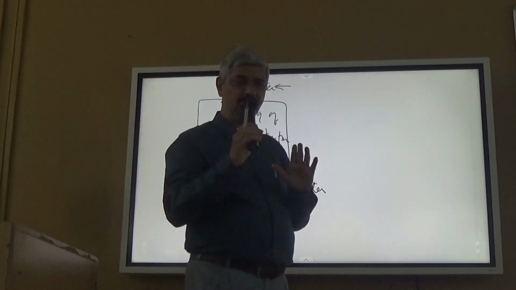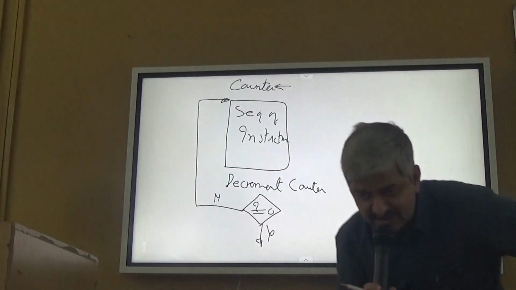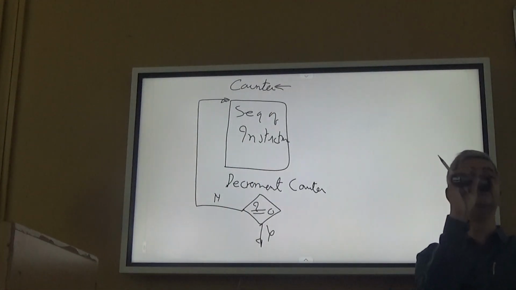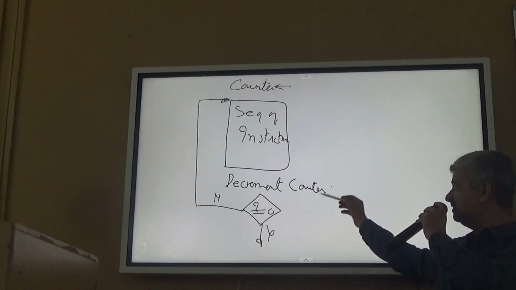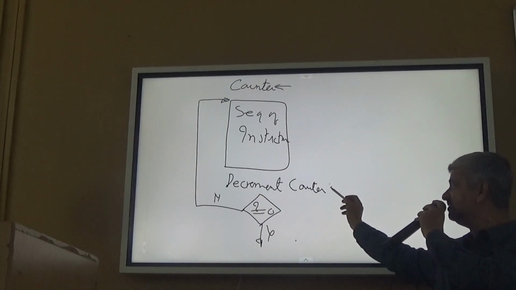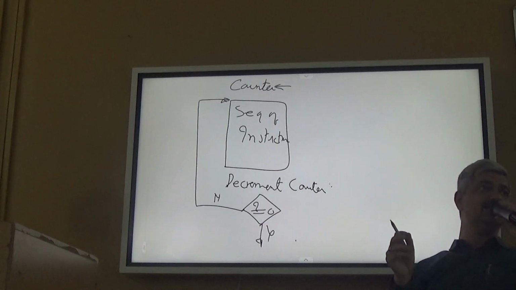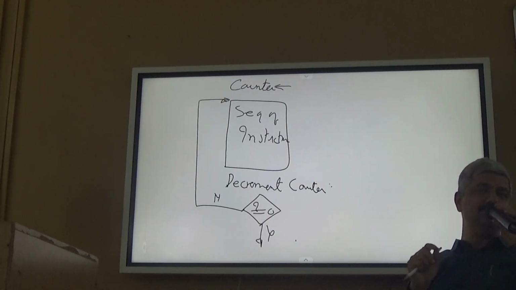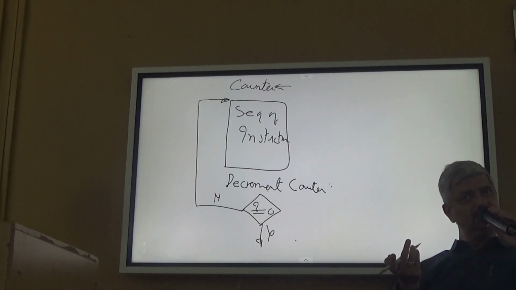So you need instructions which allow these two things: decrementing a counter, and one instruction which will branch if a condition is fulfilled or not fulfilled.